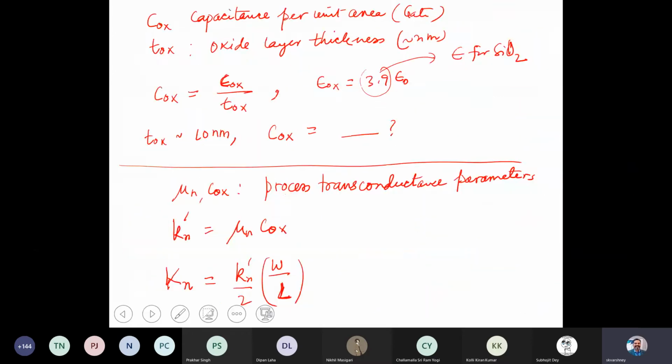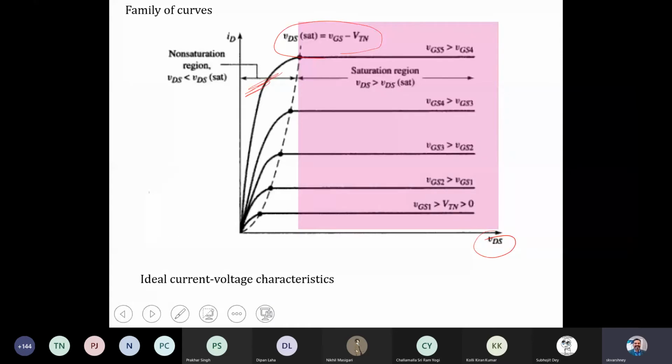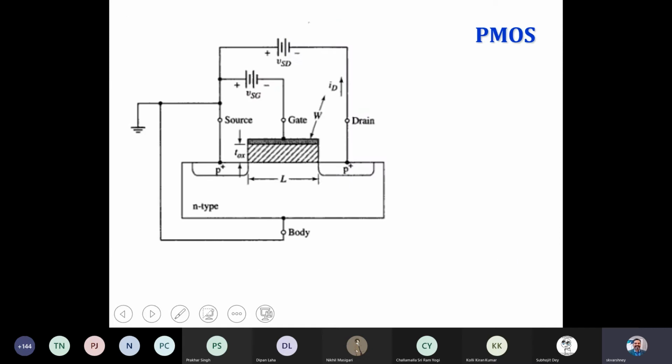So one simple example we can start. I'll come back to the example. Let's get one more thing. This is for the PMOS. We know that it is an N-type substrate, and then we create a channel. So what kind of charge carriers will be there in this case?